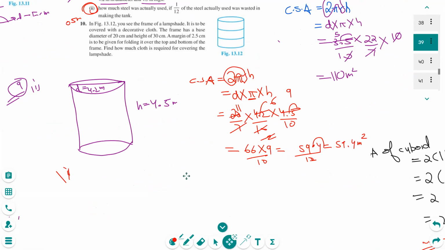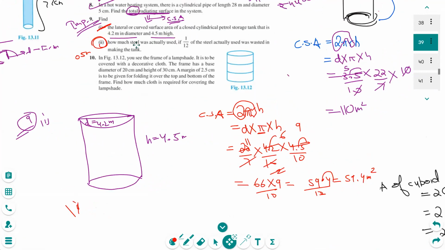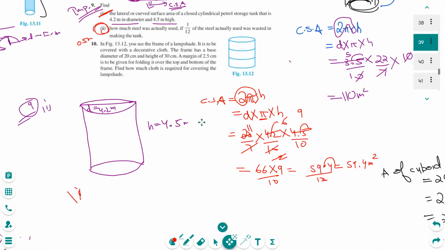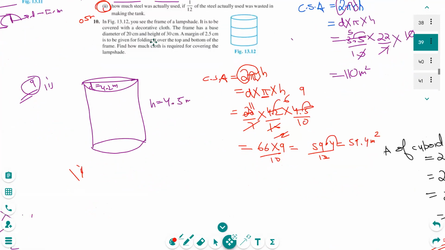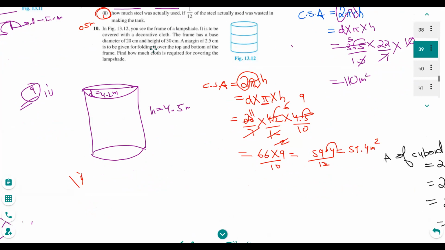So let's go to question number two. How much steel was actually used if 1/12 of the steel actually used was wasted in making the tank? I'm going to make you understand this question, but I'd like to ask you people first, because if you tell me what you are getting from this, you won't make misconceptions in the future.